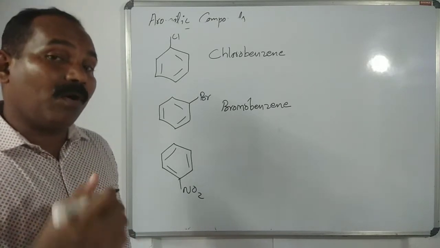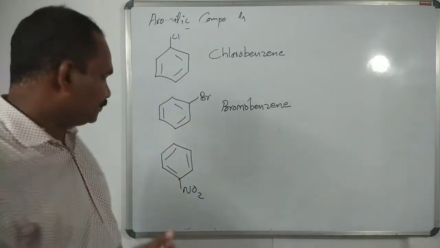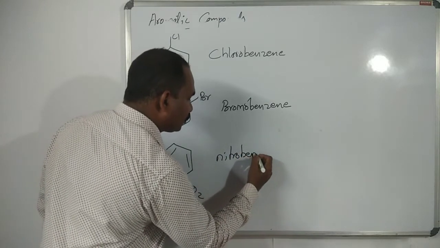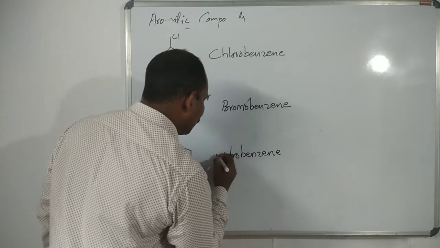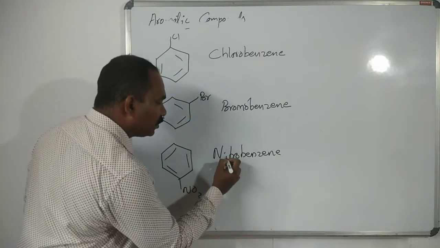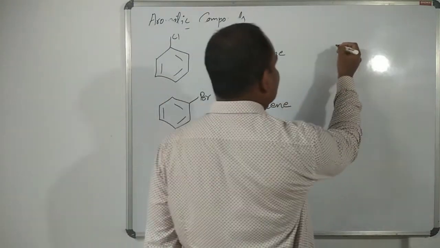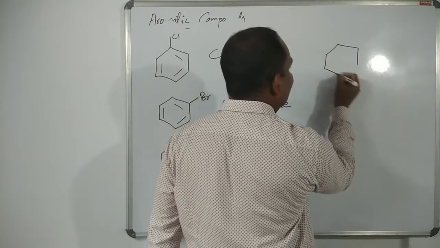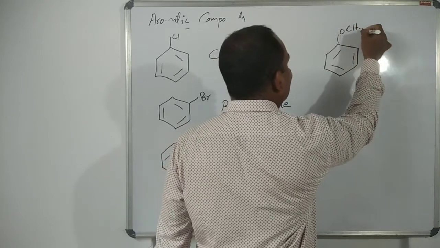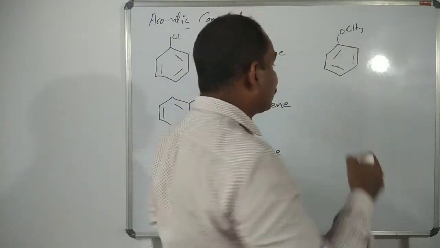If 2 or more functional groups or substituents are present, you should number the chain. Then this is nitrobenzene. Okay. You can use capital N, no problem. Then another is when an OCH3 group, methyl and one oxygen, so methoxy group.